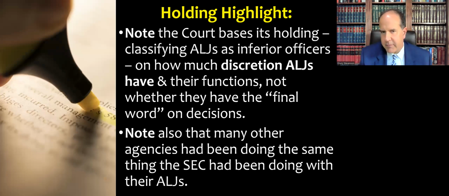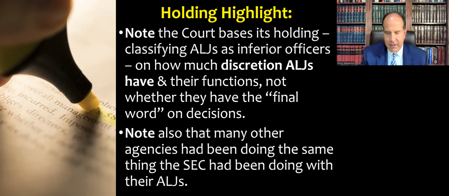Now, I want to point out a couple other highlights from this decision. This is important for how Lucia affected the next step in developing this body of doctrinal law about inferior officers and how we draw the line, what counts as an inferior officer. The court here focused on how much discretion the administrative law judges have and the types of things they do, like holding hearings and making evidentiary rulings, and not whether they have the final word on decisions.